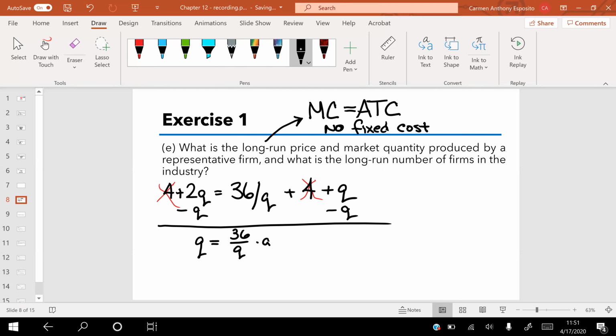Multiply q to both sides. Here you get q squared is equal to 36. Well, if I take the square root of both sides, you get q is equal to 6 units.